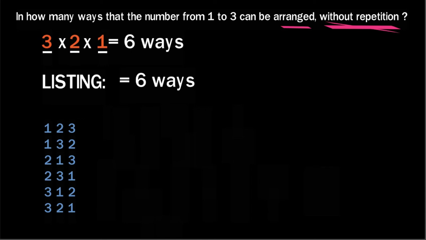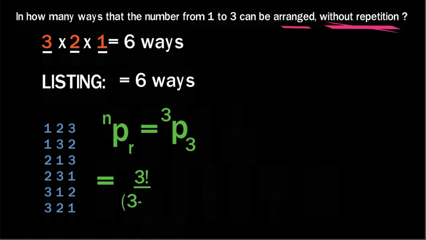Another way to do it is to use the formula that we discussed just now, nPr. In this case, we have 3 digits and we want to arrange 3 digits as well. So 3P3 is 3 factorial over 3 minus 3 factorial.